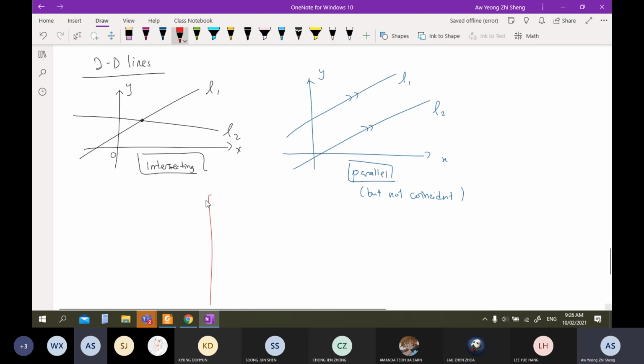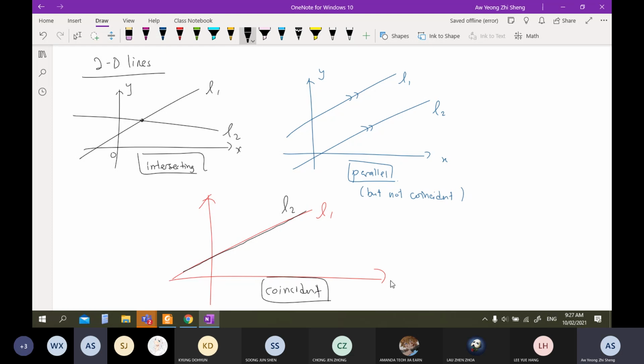And we also have the third possibility, where L1 and L2 exactly overlap. So this one we call coincident lines. So for 2D lines, there are three possibilities. They can be intersecting at one point, parallel, or coincident. Coincident means overlapping.